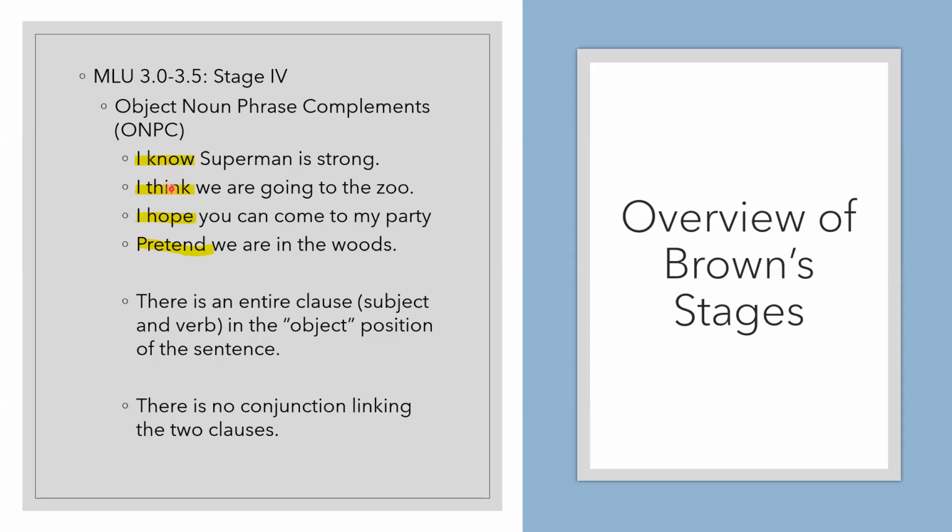So the I know and the I think, I hope, and pretend, all of those are in the object position: the subject I, verb know, and then you have the object, Superman is strong. All right. Blah, blah, blah. And one of the reasons they are object noun phrase complements is that there are no conjunctions between the two clauses.